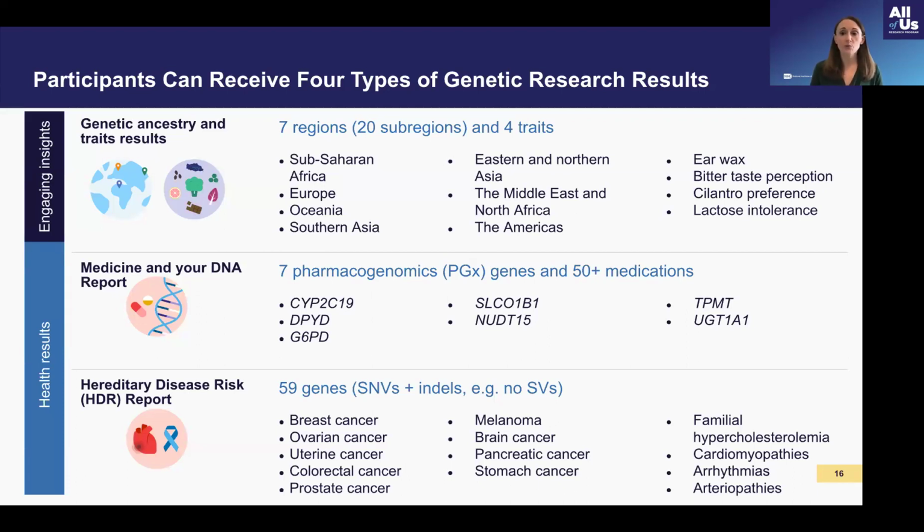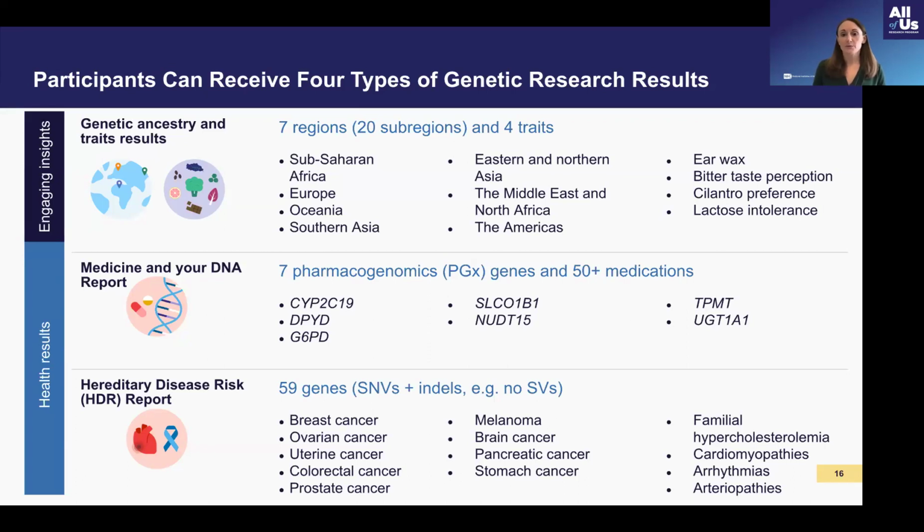So we give back earwax type, bitter taste perception, cilantro preference, and lactose intolerance. These are what we call engaging insights, fun things to know about yourself. And people have really found that valuable. I'll get into some data of what that uptake has looked like so far.